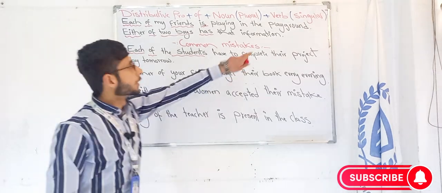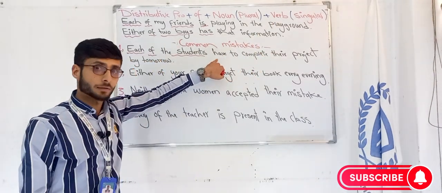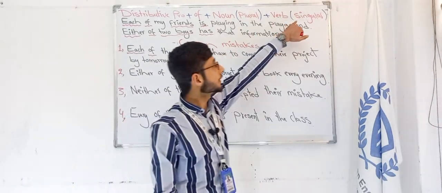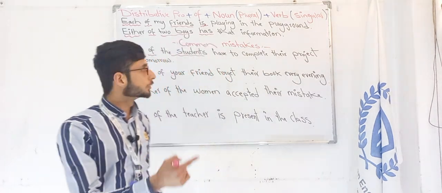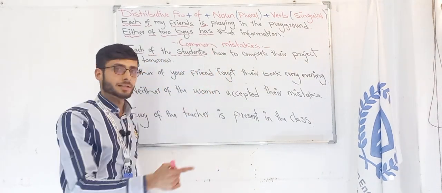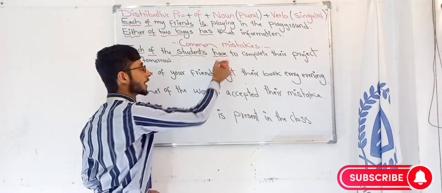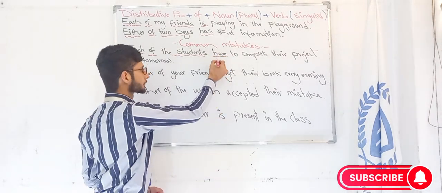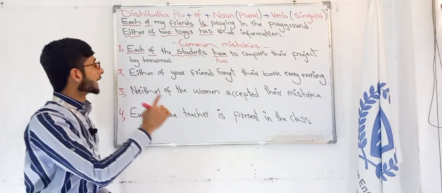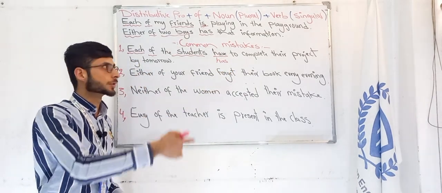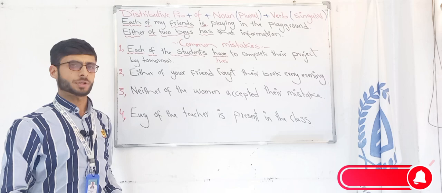The next one, we should have the verb, yes, we have it, but here it is written in the plural form of to have. It is incorrect, we should change have to has. Each of the students has to complete their project.